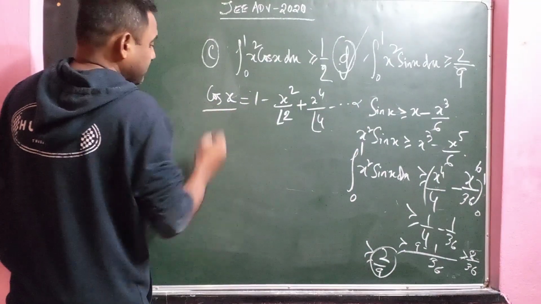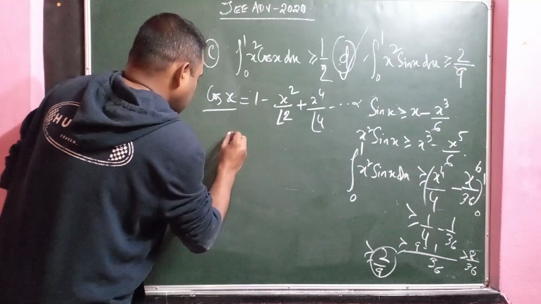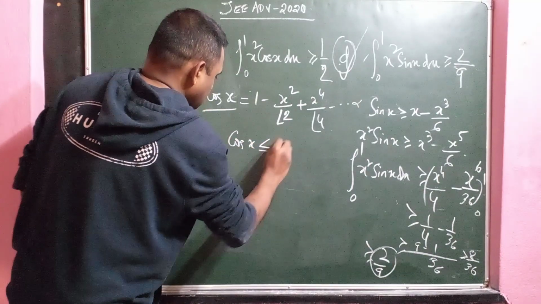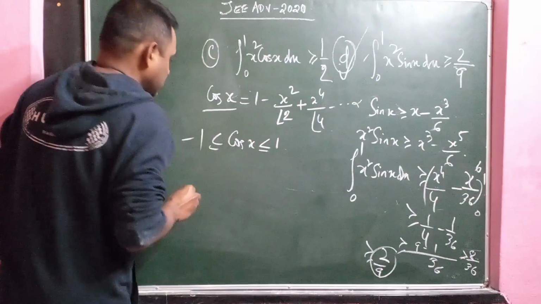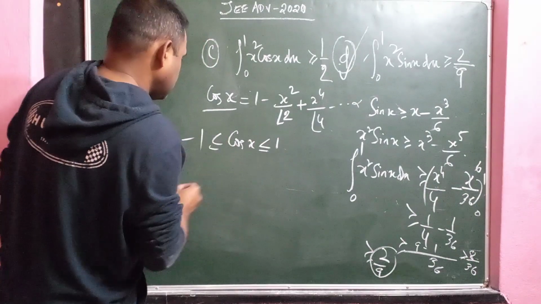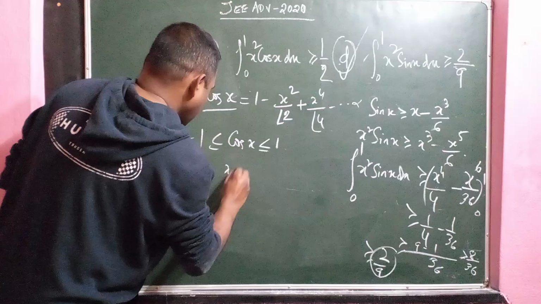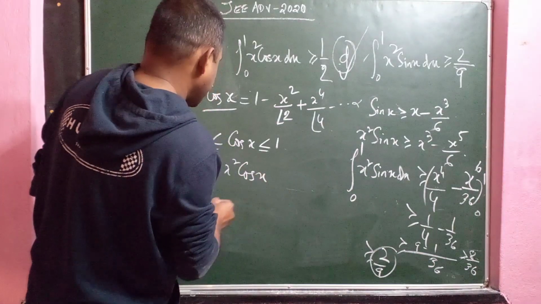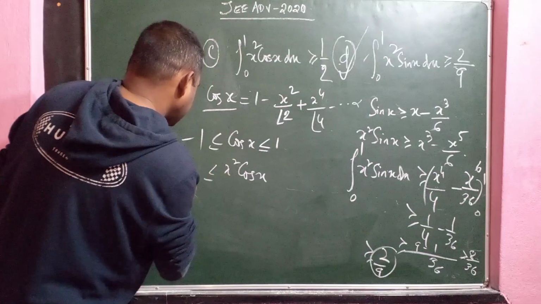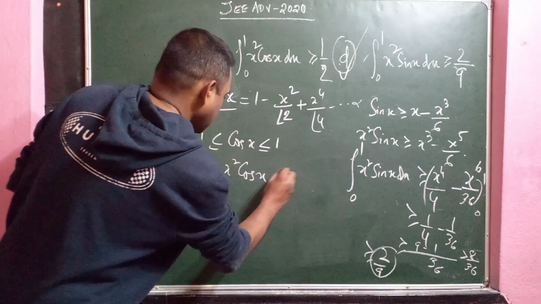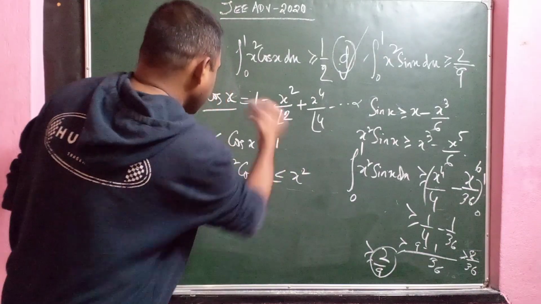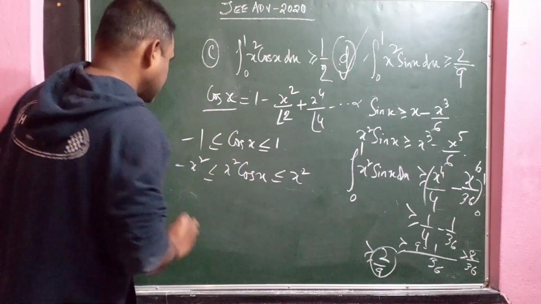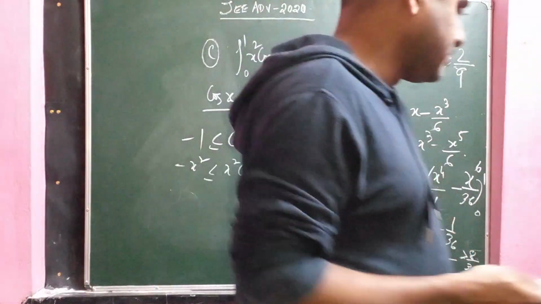But whatever it is, cos x is always less than 1 and greater than minus 1, right? So x square cos x is always greater than equals to minus x square, and less than equals to x square. Now integrate this. Yes, do the integration.